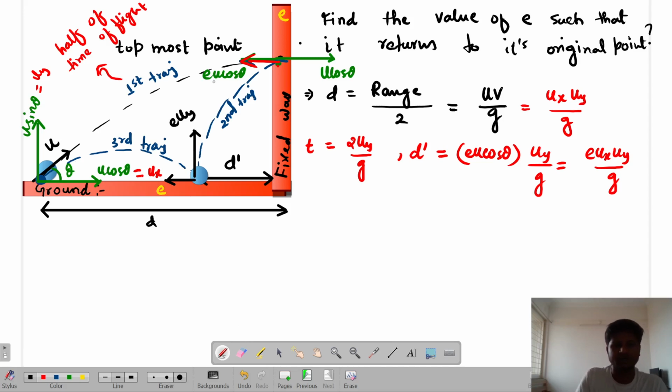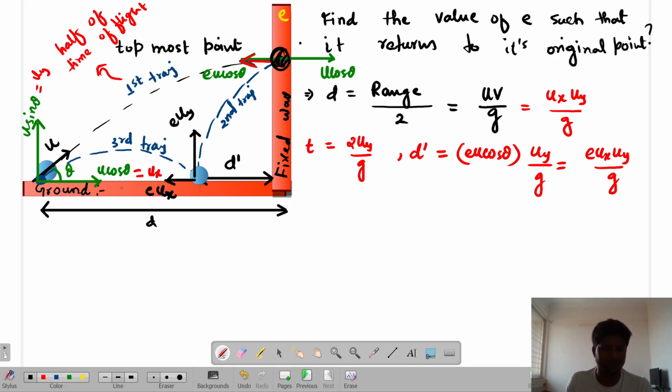And here it is going with eu cos theta, that is going to still remain the same, that is eux, which was provided due to this collision. Are you able to get me now?